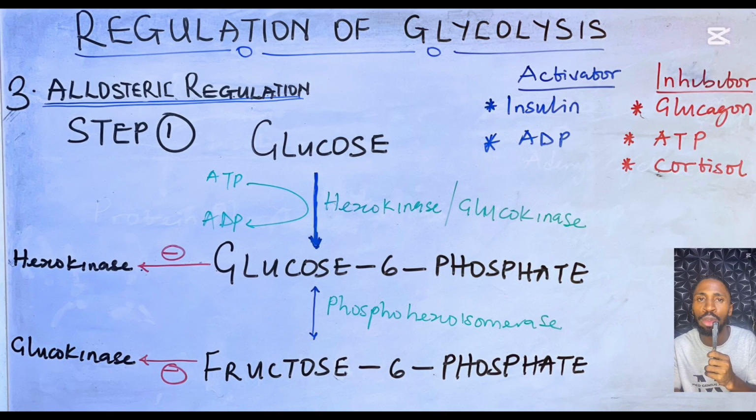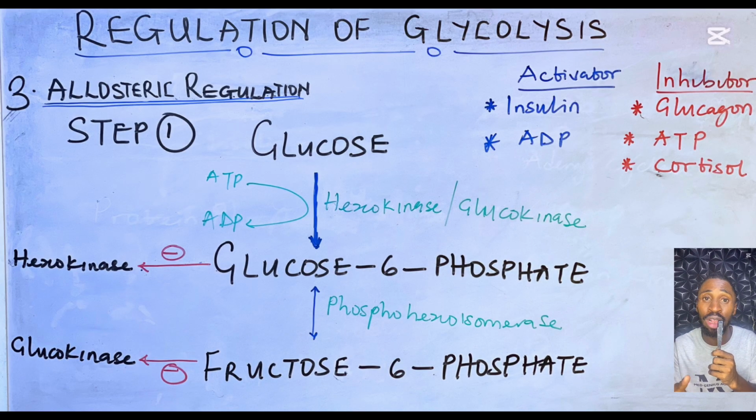ATP formation also allosterically inhibits hexokinase and glucokinase. Also, glucokinase is inhibited by fructose 6-phosphate, while hexokinase is inhibited by glucose 6-phosphate. Don't forget, they are inhibited by the same things, which are ATP and glucagon.